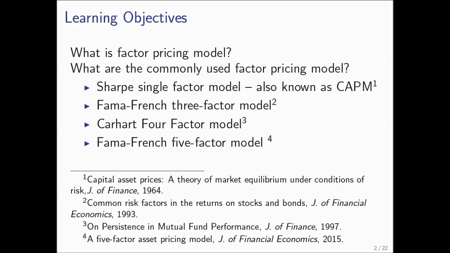The Carhart four-factor model basically includes momentum in the Fama-French three-factor model, so it means that it includes a new technical analysis element. The last one is the five-factor model, recently invented by Fama and French again.